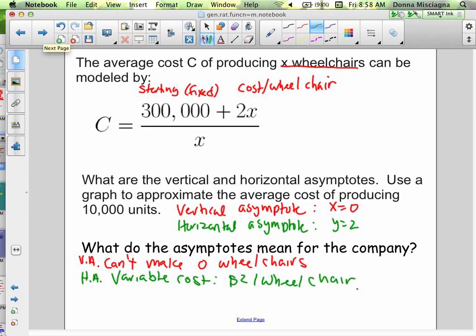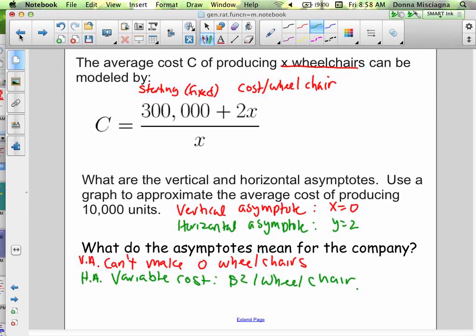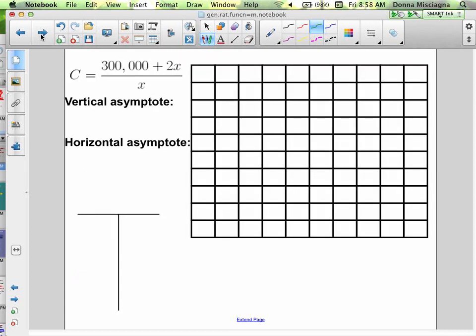We've got 0 and 2. And we're interested in 10,000 wheelchairs. So we better go up by a number that makes sense for 10,000. Which is the independent variable?